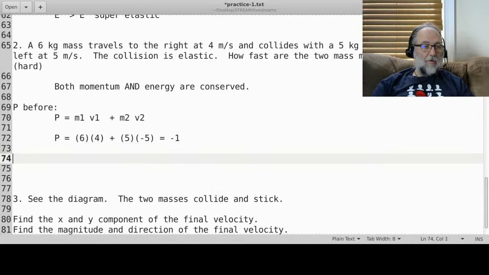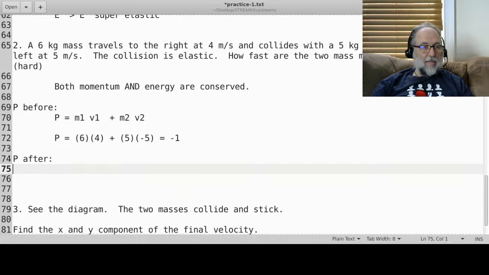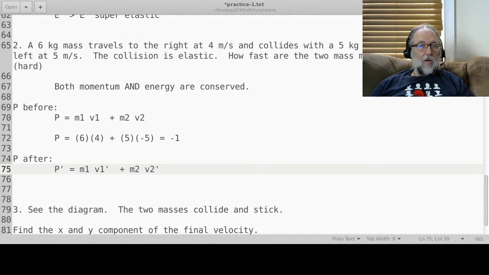P after looks like the same formula, obviously, only what's different? Well, the masses stay the same. So m1, our 6 kilogram mass, stays the same, and m2, our 5 kilogram mass, stays the same because they didn't break apart or anything. But the velocities change. So instead of v1, we're going to call it v1 primed.